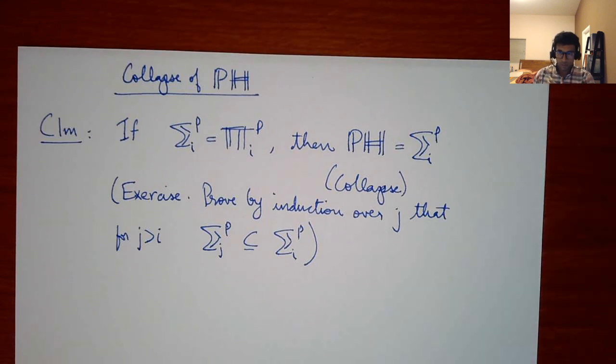If P is equal to NP, then all of the polynomial hierarchy just becomes P. If NP is equal to co-NP, the polynomial hierarchy collapses to NP. So the collapse of the polynomial hierarchy, in some sense, generalizes and is a stronger conjecture than the conjectures of P not equal to NP and NP not equal to co-NP.